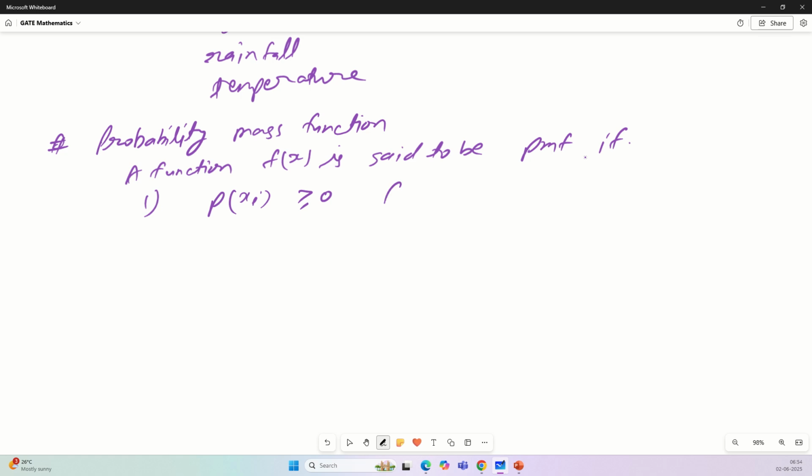Basically what I mean to say, for each i, any element you take x i, its probability must be greater than or equal to 0.